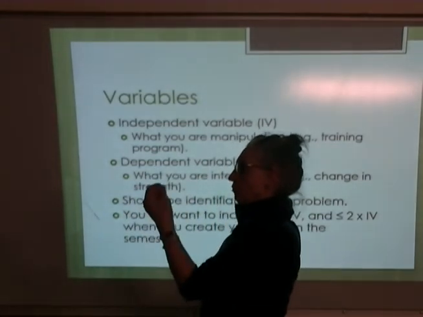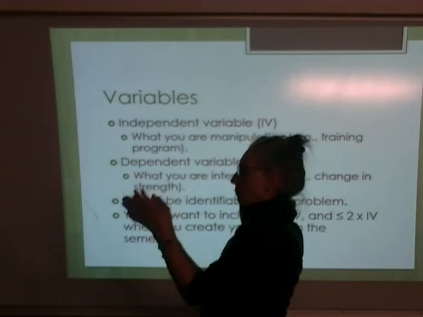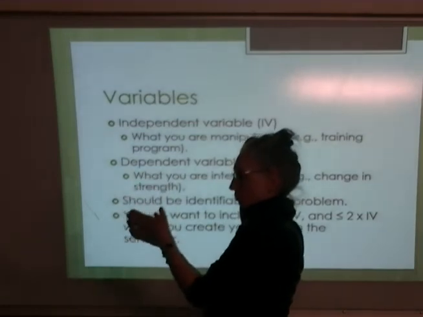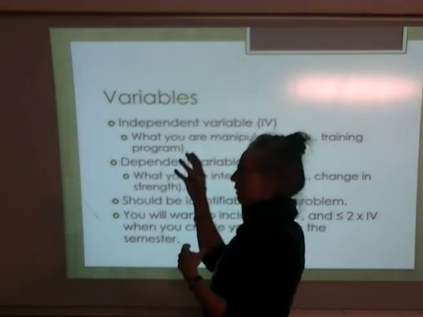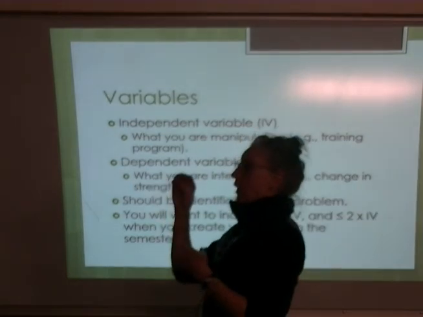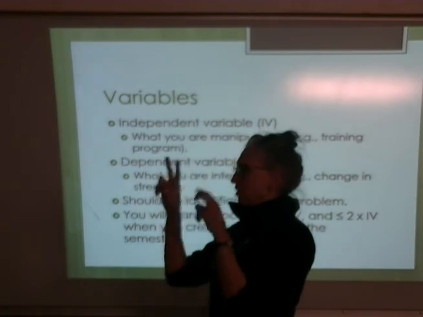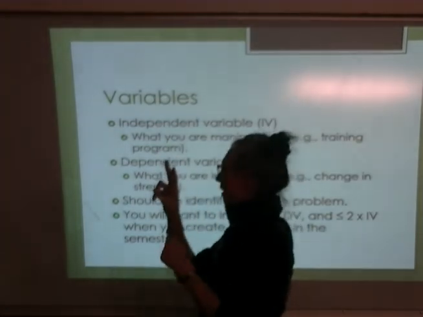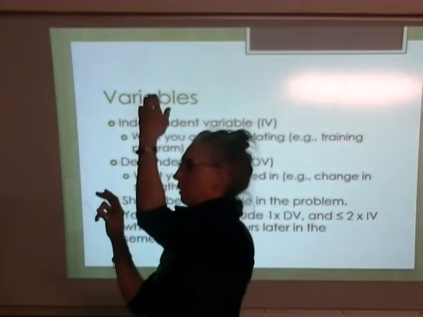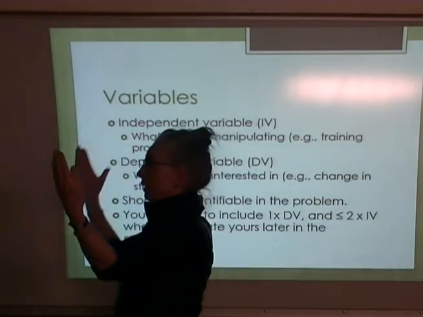I'm interested in finding out which program makes the athlete stronger. My independent variable is the program, the training program. And then there's 2 levels, what we call 2 levels of the training program. There would be the hill work and the level work.